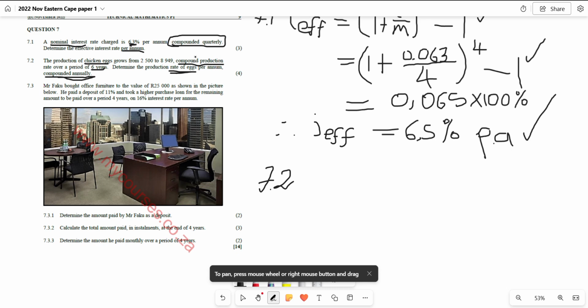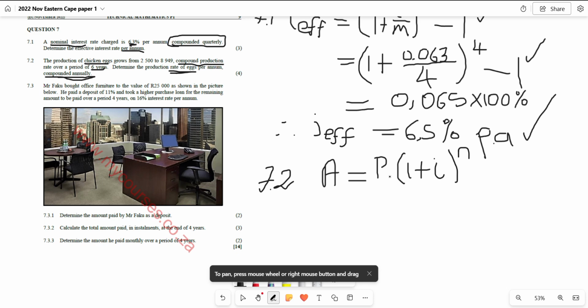Then, keyword compound, we must use the compound interest formula that says A is equal to P in bracket 1 plus I close bracket, all to the power of n. Now, here we are not talking about investment and borrowing.